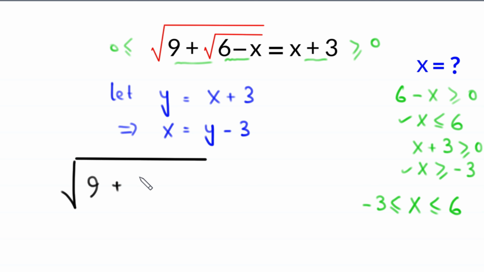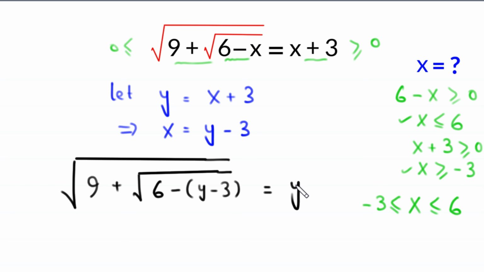Apply this substitution, so this equation will become the square root of 9 plus the square root of 6 minus y minus 3 is equal to y.